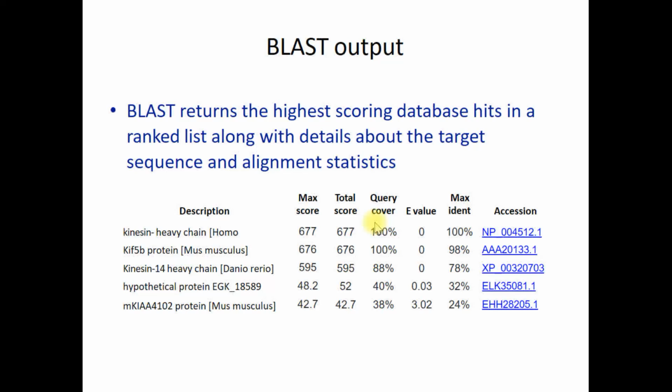The query coverage is the percent of the query length that is included in the aligned segments. The maximum identity is the highest percent identity for a set of alignment segments to the same subject sequence. The e-value is very important.